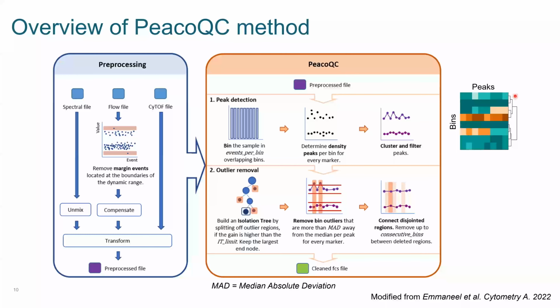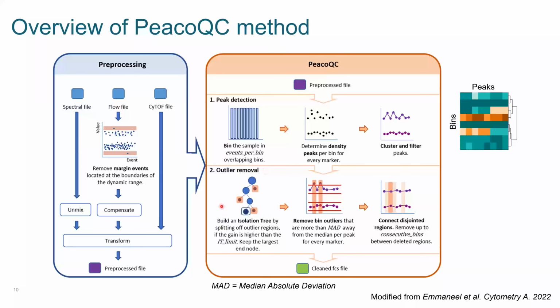So using this matrix, you can kind of imagine that you're clustering together the bins that are most similar and finding the ones that are most dissimilar based on their altered signal intensity in that bin, right, for that particular marker.